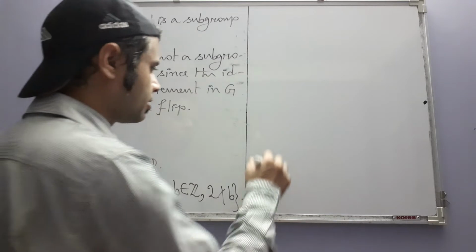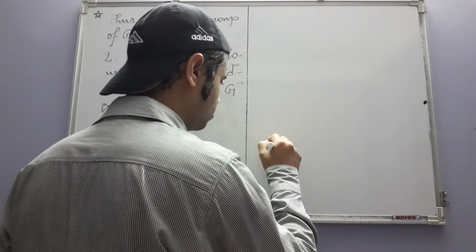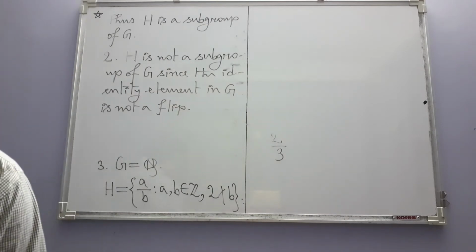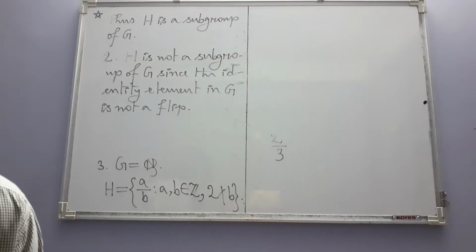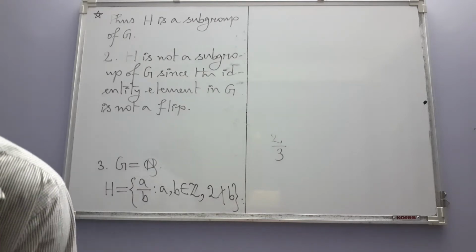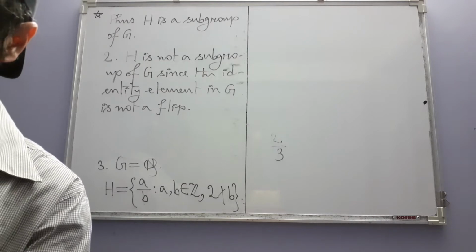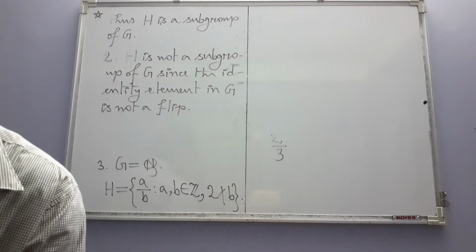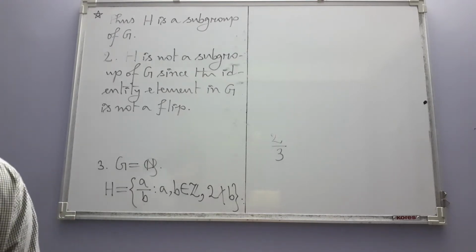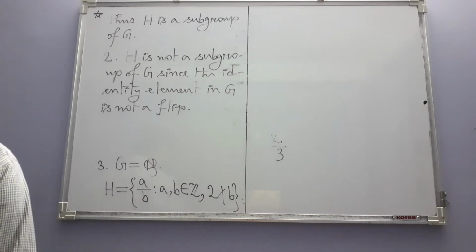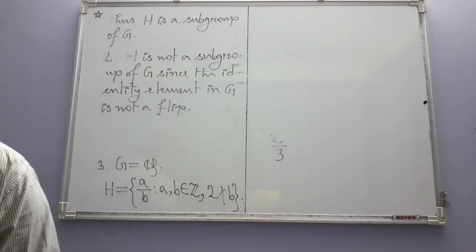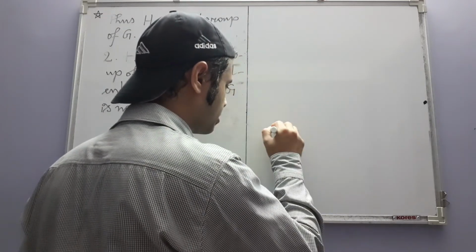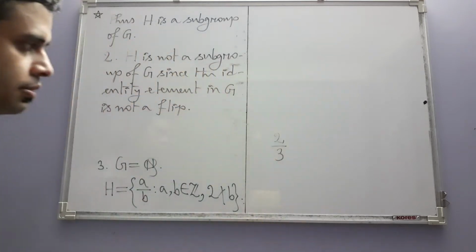You think of the rational number 2 divided by 3. Okay, so you consider this rational number 2 divided by 3.